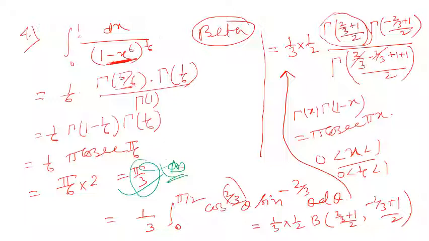The most important thing is choosing a suitable substitution. Just look at this problem. Our suitable substitution was x cube equals sine theta. I am using the word suitable because there are so many substitutions. If you use the most suitable substitution, then it will decrease the time to solve the problem, right?